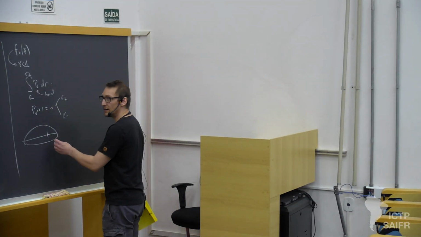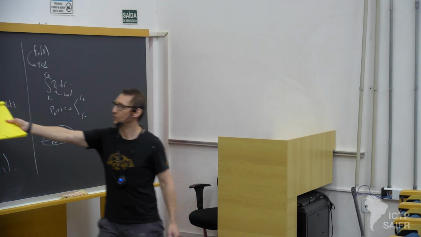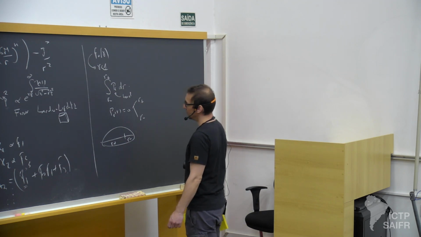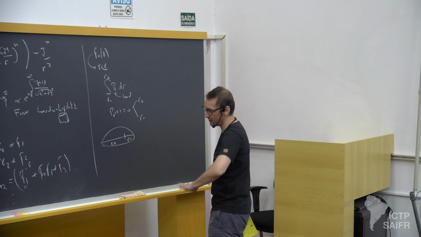So what's the catch here? The catch is that I need to relate these guys to these guys. And how can you see that? By looking at the zeros. For example, in the simplest case.